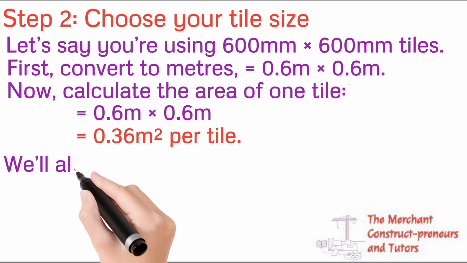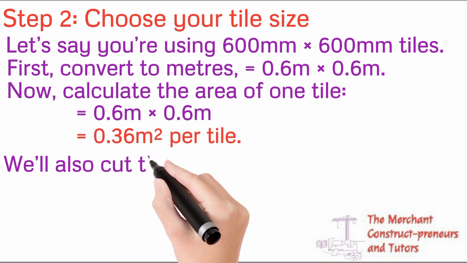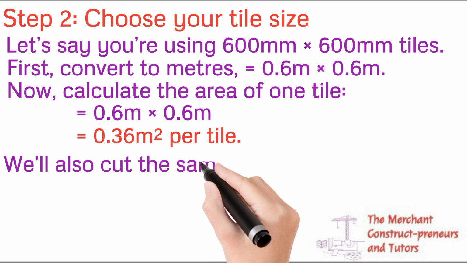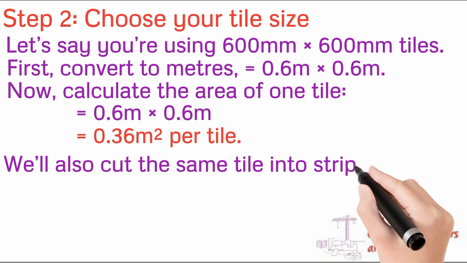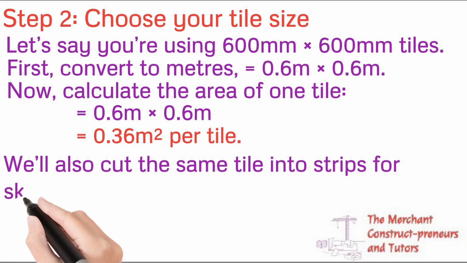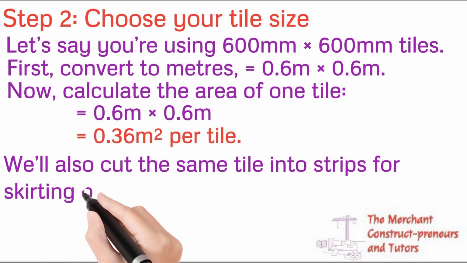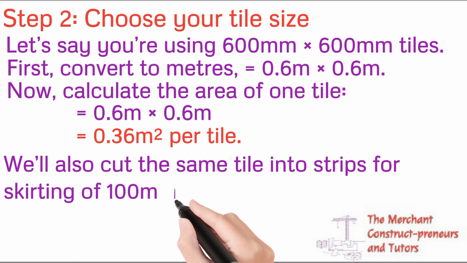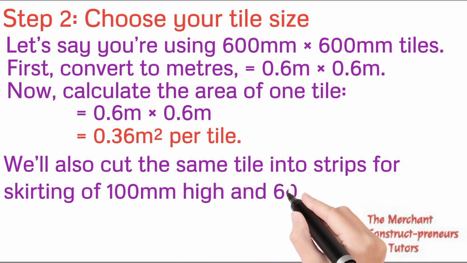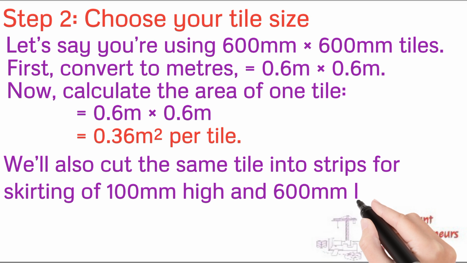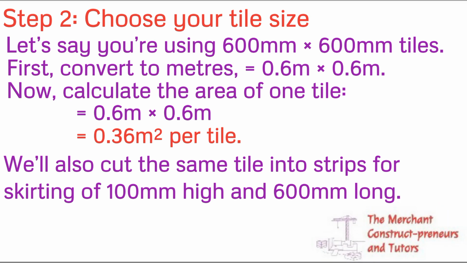Okay, so we are going to go to other things. We cut the tiles into strips of 100 mm high, right? We bought the tiles of 600 by 600, but for the skirting we said it is between 75 to 100 mm.